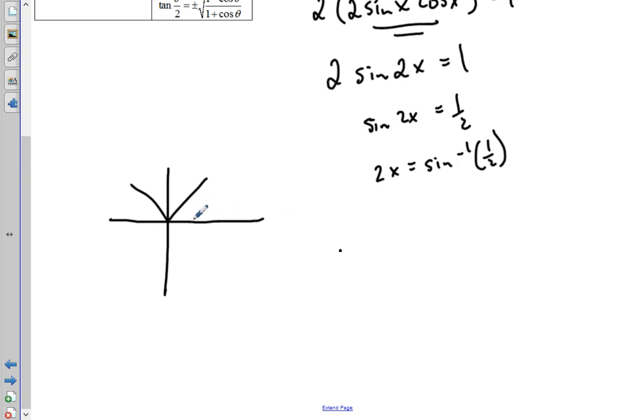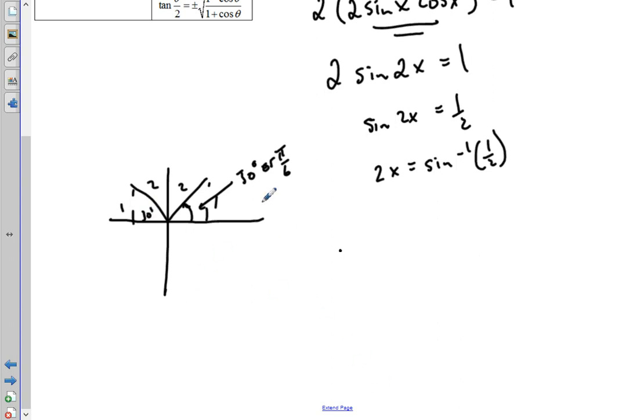We're looking for our x value, and that angle right there should equal 30 degrees, or pi over 6, which is also our reference angle.